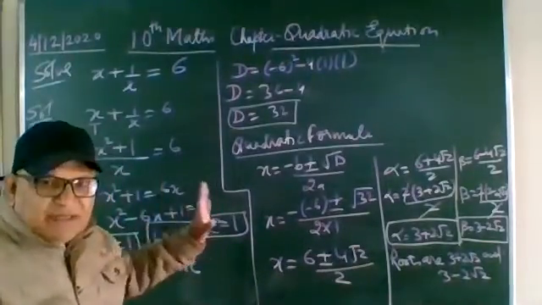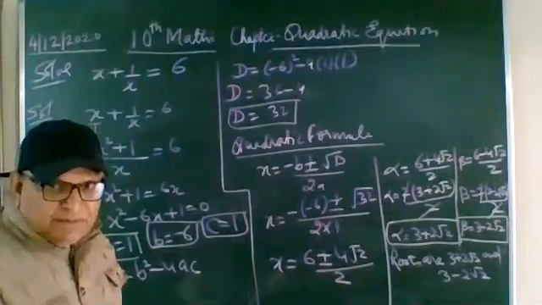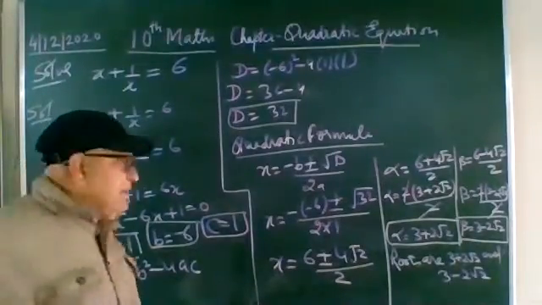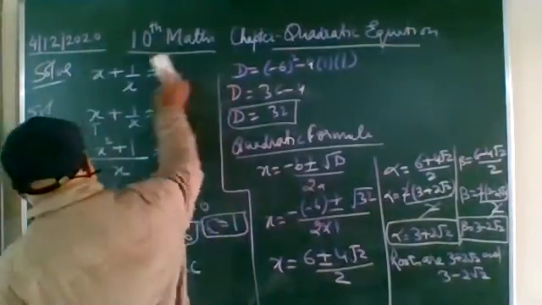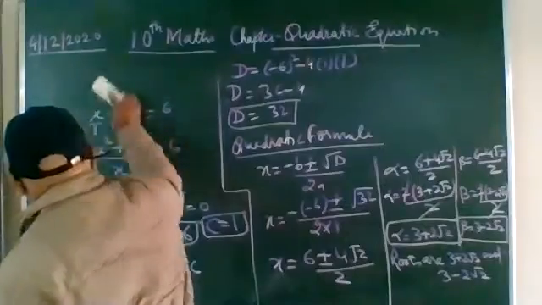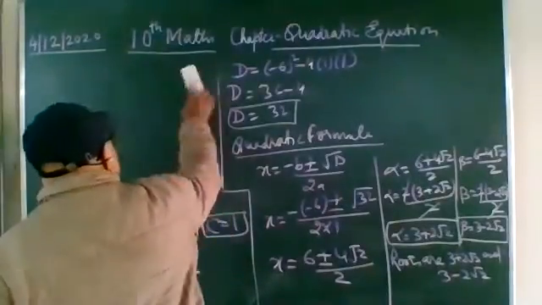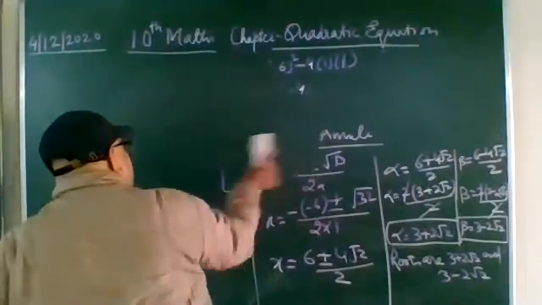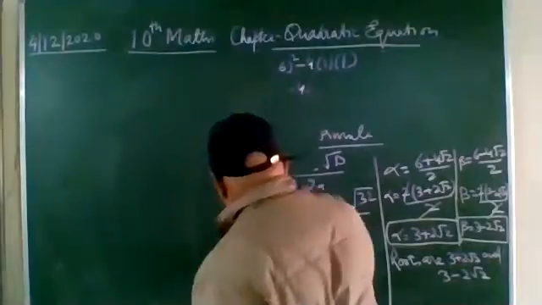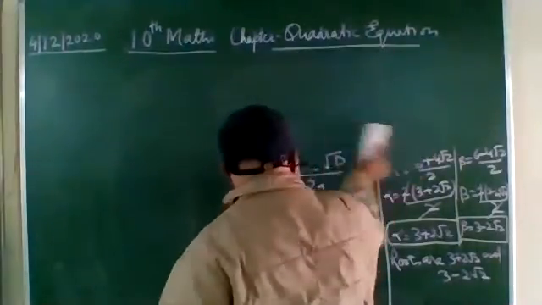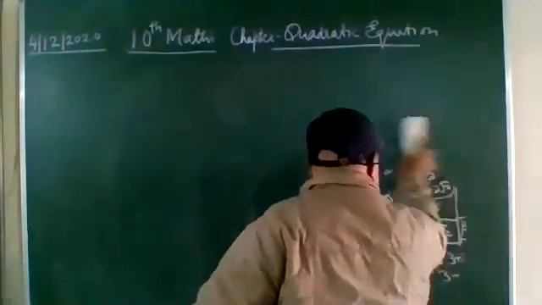So these are the things you have to see. After that, different types of questions are also there. I hope I have tried my best to give the revision of this chapter. All the things I have considered.